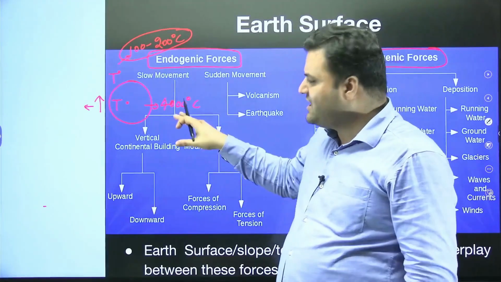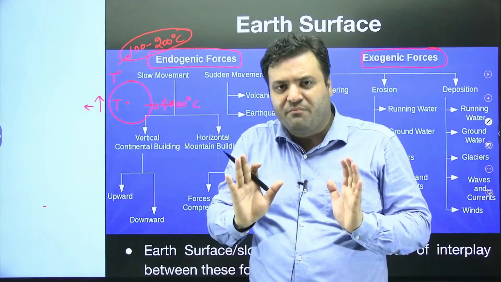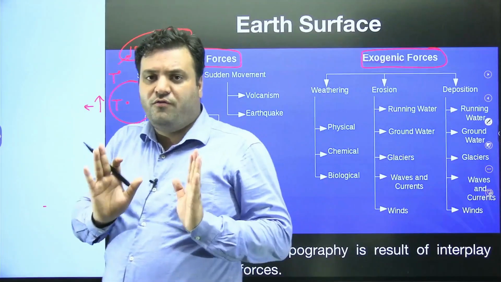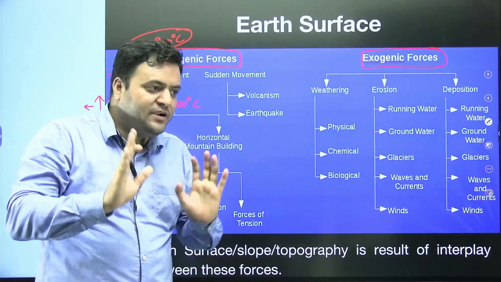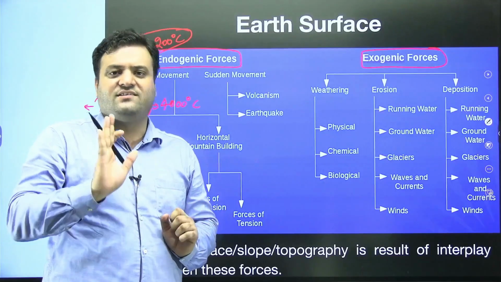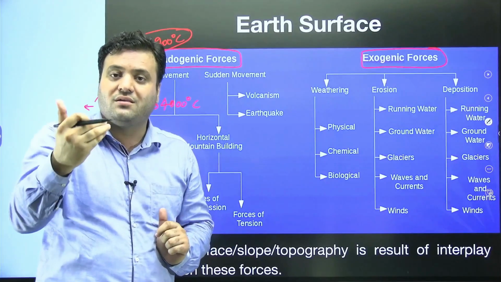So when we take a reference of high or low in geography, whenever there is a matter, matter will flow because of the development of gradient, because of the development of slope. As a result of the development of slope, there will be a movement of matter, whether it is air, water, or heat.